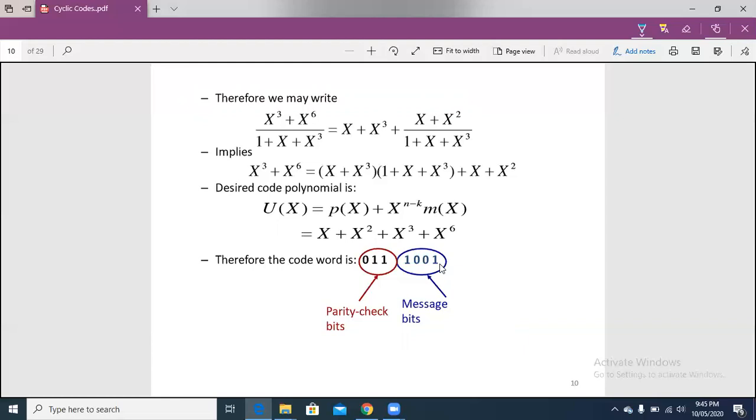So we consider this systematic form of the message in which the message is 1001. So we will try to find the generator matrix for this, and we will try to find the parity check matrix for this code word, which when multiplied with this code word will give you 0.